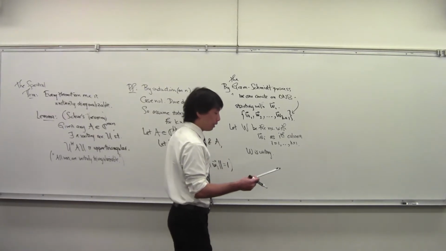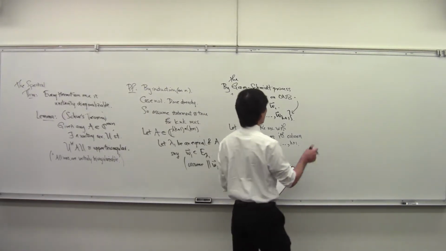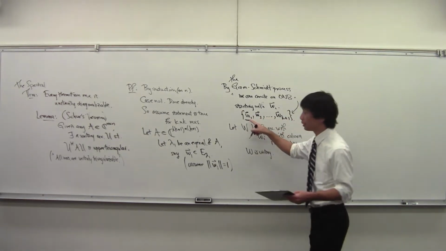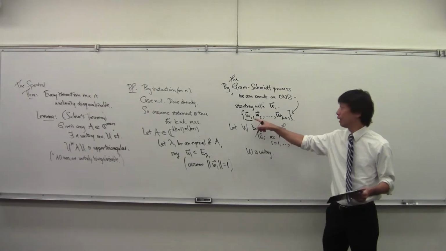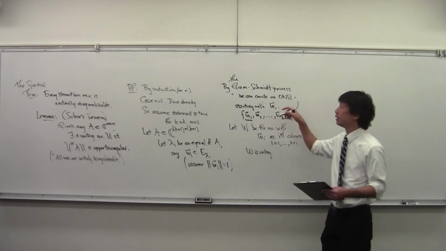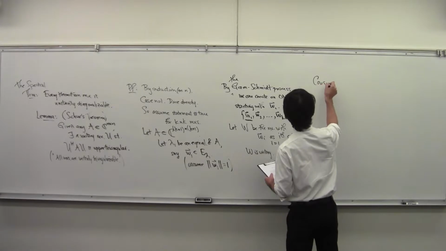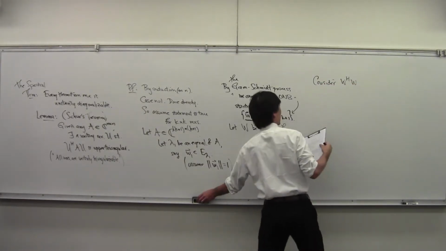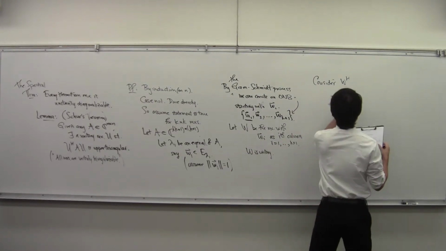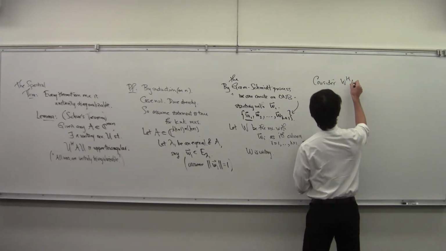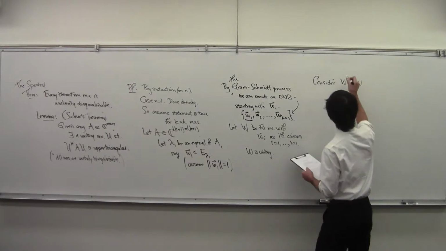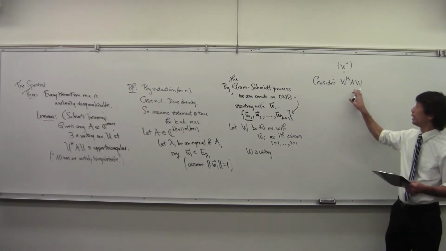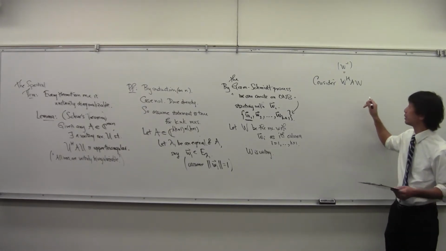Now we're going to use that, and remember the first column is an eigenvector. So now we consider W^H A W. We conjugate A by this unitary matrix.